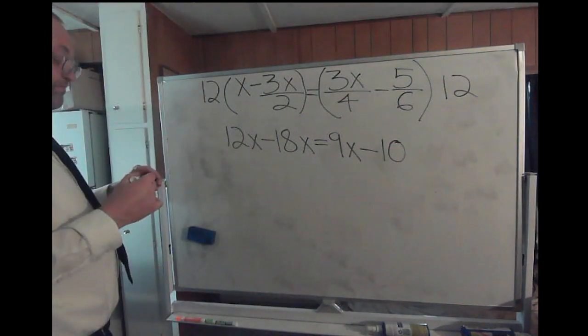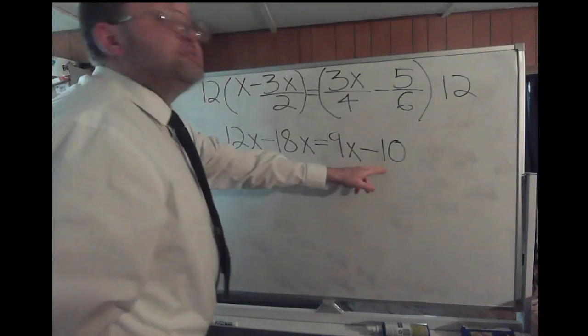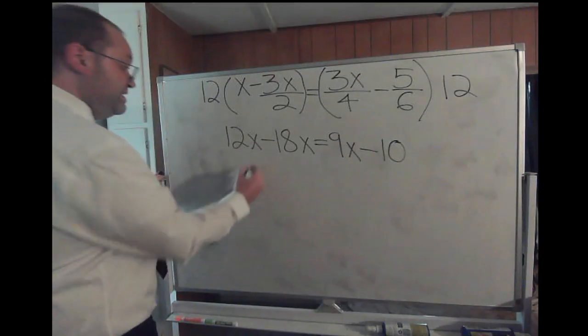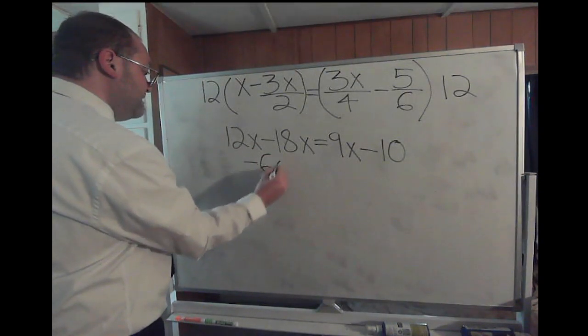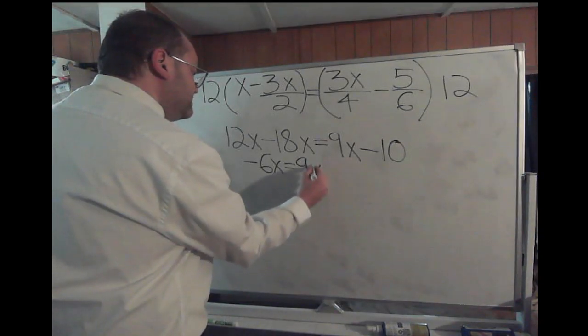Alright, so you've got 12x minus 18x equals 9x minus 10. Now, do the left side, 12x minus 18x, that's negative 6x, is equal to 9x minus 10.